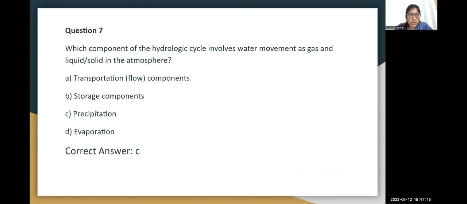The seventh question was, which component of the hydrological cycle involves water movement as gas, liquid and solid in the atmosphere? The correct option is C. There might be a little confusion, because the hydrological cycle is majorly categorized into two components, the transportation component and the storage component.